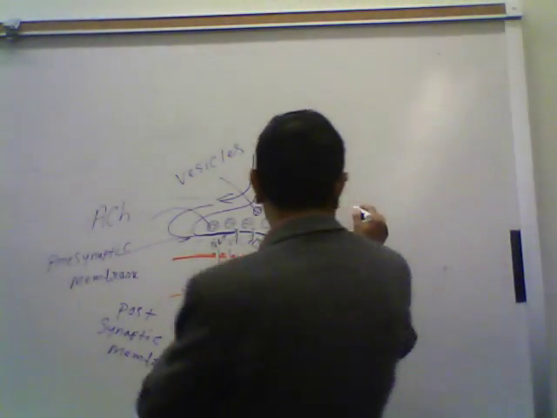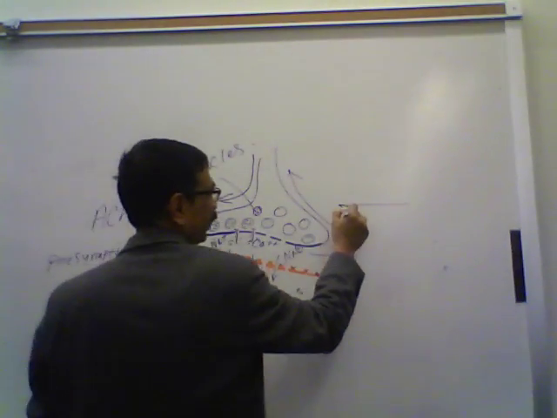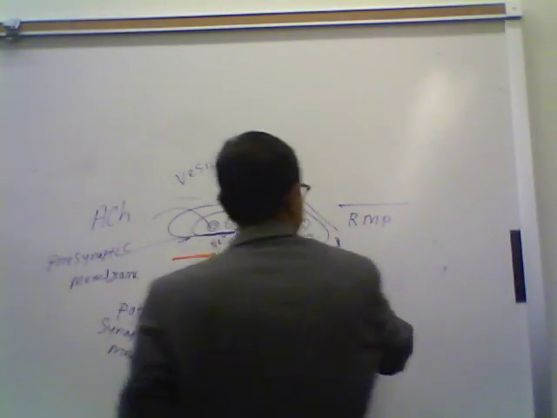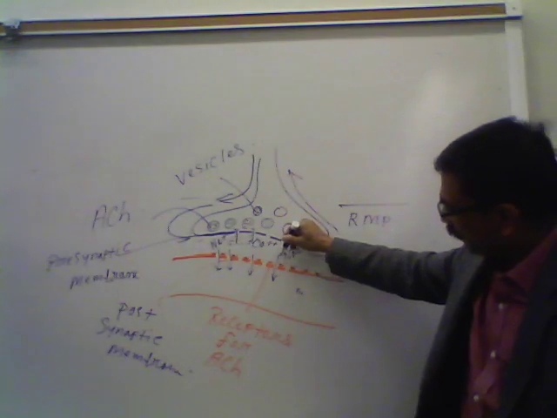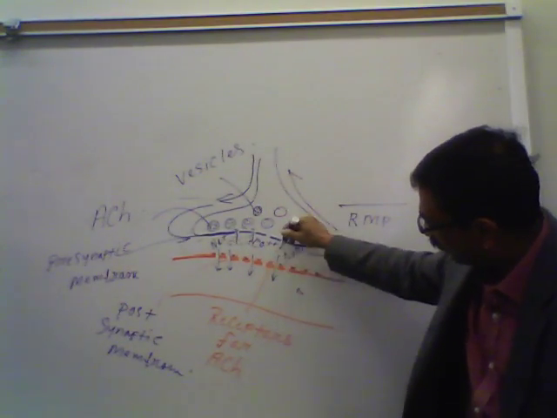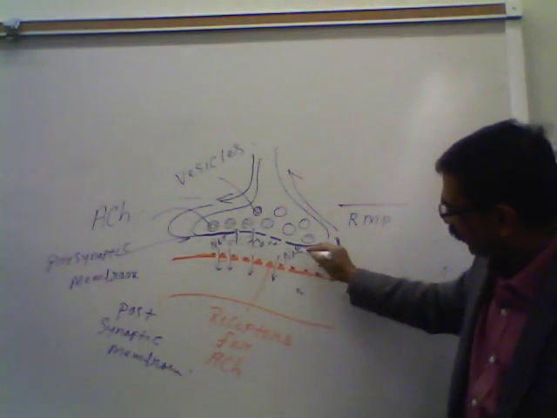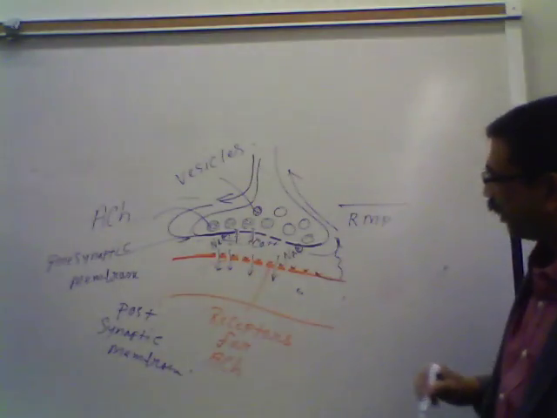So now if I draw a graph, this is before the sodium got in, that is called resting membrane potential, RMP, in resting condition. Now, after sodium gets in, inside the muscle fiber it will get more positive because sodium is a positively charged ion.